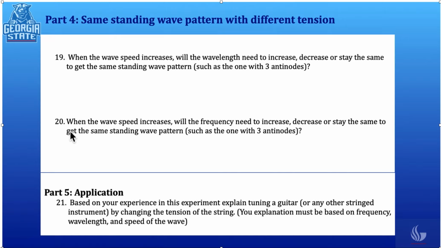Question 20: When the wave speed increases, will the frequency need to increase, decrease, or stay the same to get the same standing waves, such as the one with 3 antinodes? Similar to the previous question, if we do not consider the fixed antinodes, and only consider the different tensions, then wave speed increases or decreases according to the tension, and it changes the frequency.